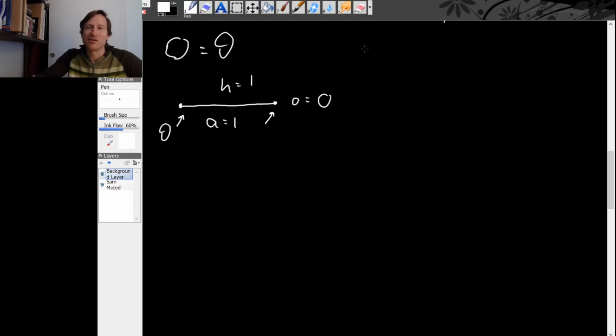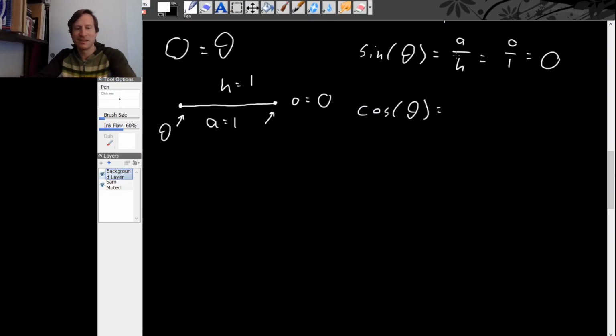So in this triangle, if you calculate sine of theta, that's sine of 0. I'm sorry, I made a mistake here.